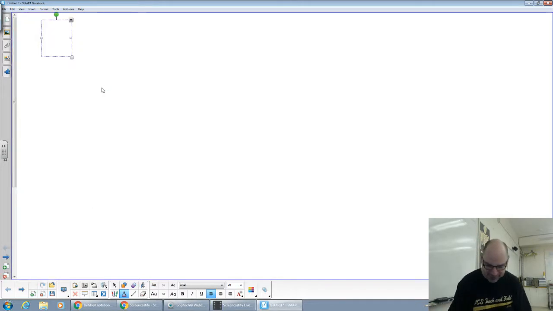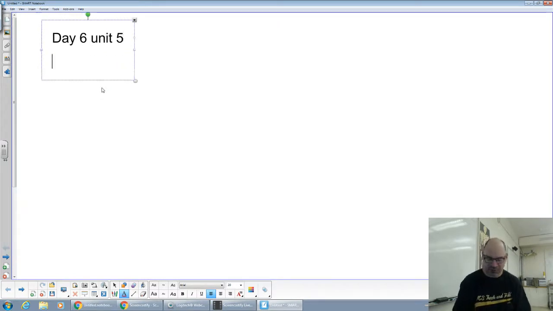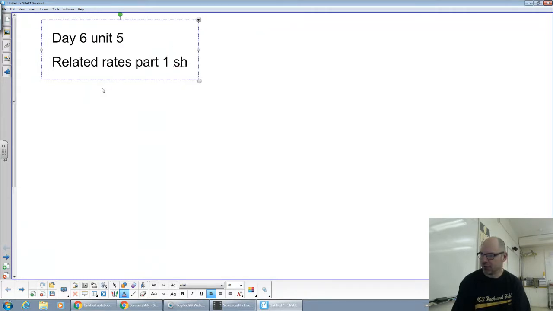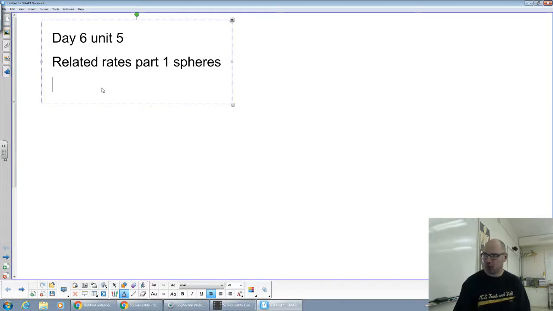Okay, so this is day 6, and this is unit 5. And what we're going to be looking at today is related rates. Not spheres. What we're going to do today is ask what is a related rate?